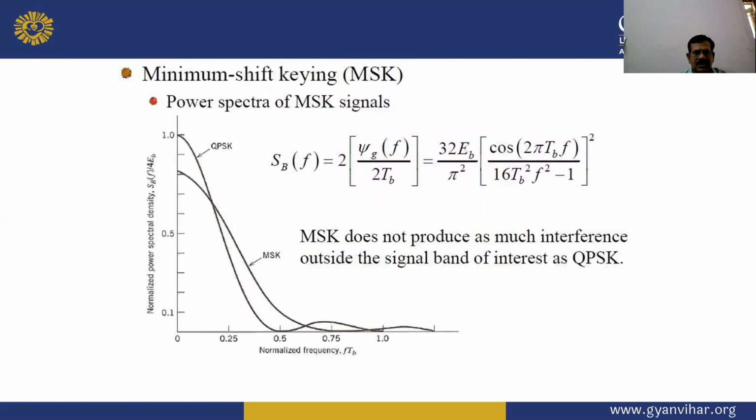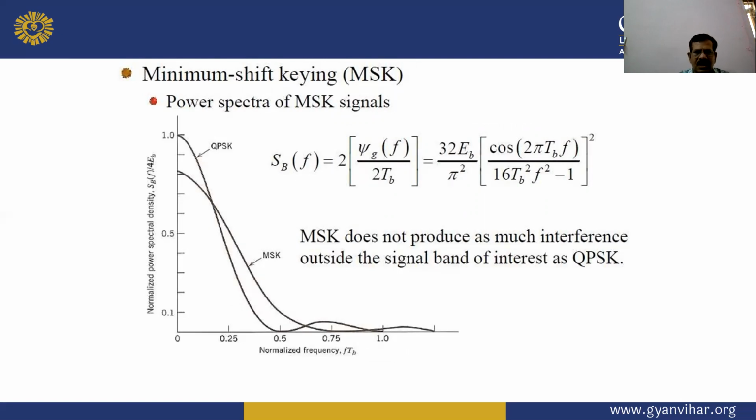And that is the power spectra of the MSK signals, represented in this graph. MSK does not produce as much interference outside the signal band of interest as QPSK.